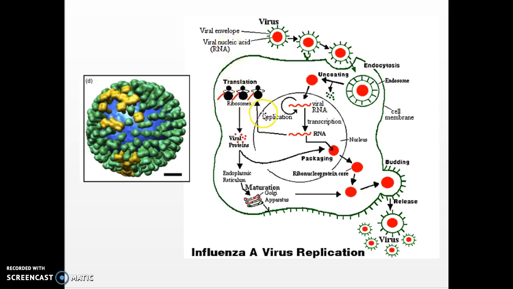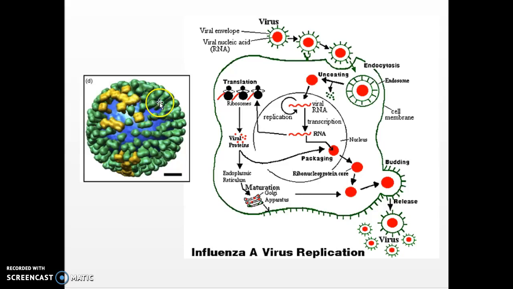We're going to explain the coat protein of influenza virus. There are two types of the coat protein, the yellow and the green one.